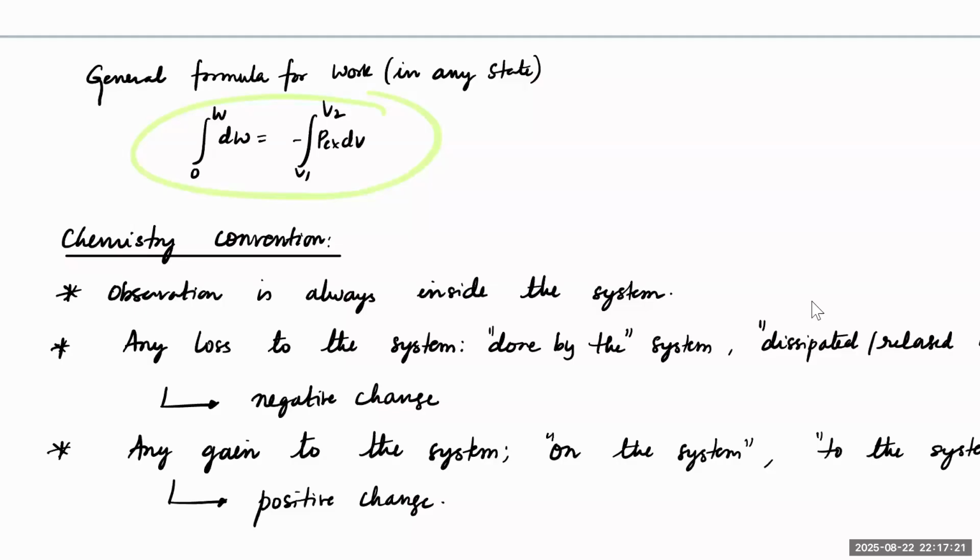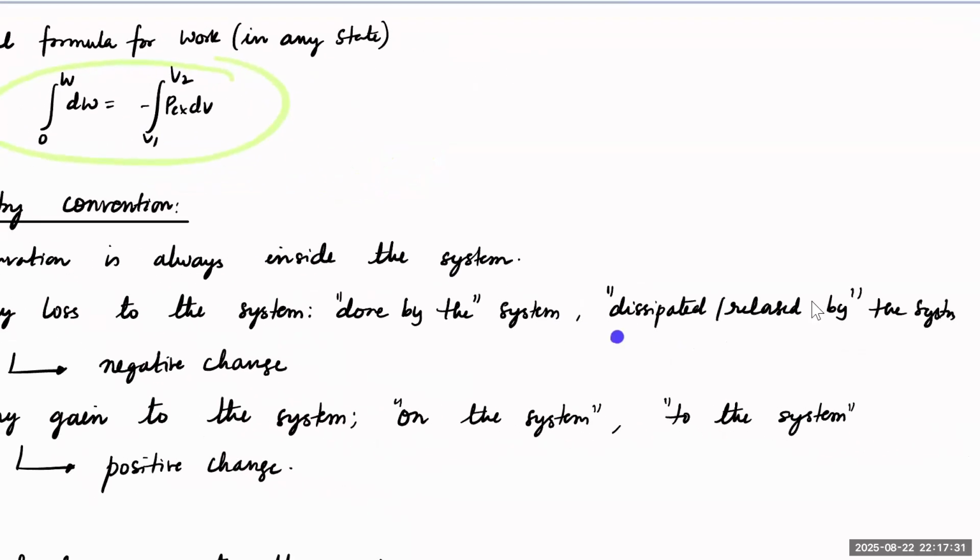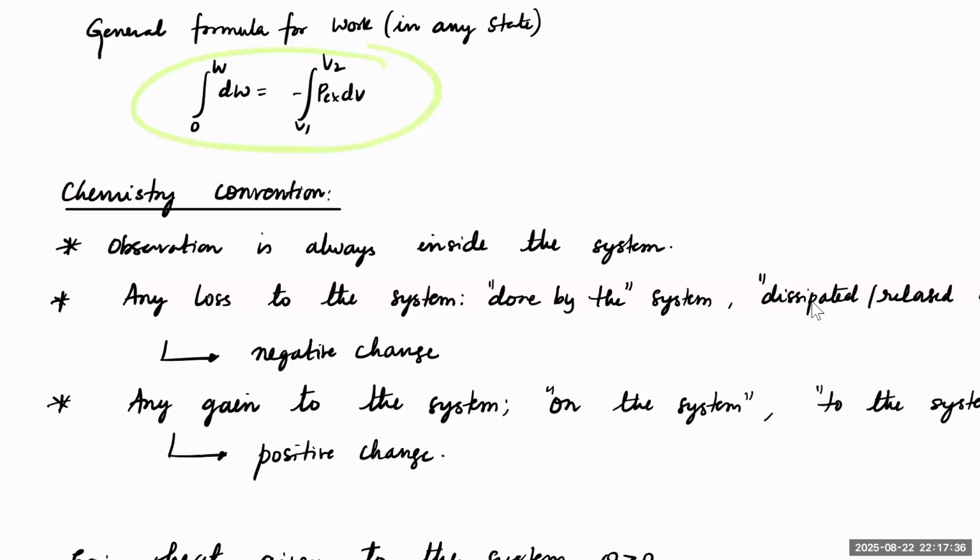If it is inside the system, you notice any loss to the system, which is done by the system. That means how much is the loss which is done by the system, or dissipated or released by the system. That is a negative change. Anything that is done by the system, that is a negative change. It is lost by the system.